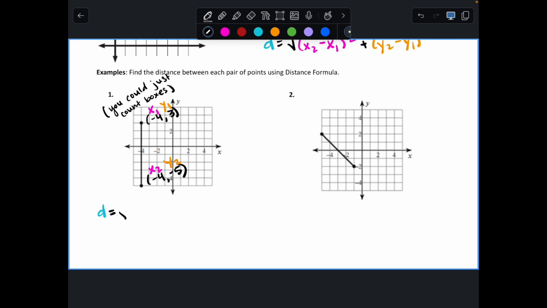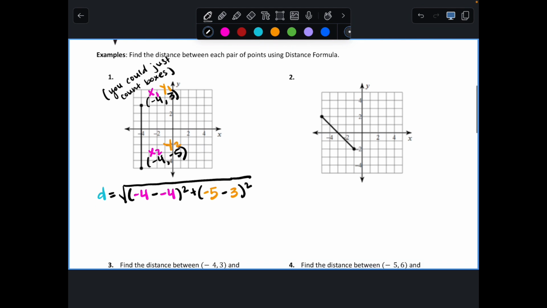Now I'm just going to plug it into the formula. Okay, you can type that whole thing into your calculator if you want to. I'm going to do it in steps.